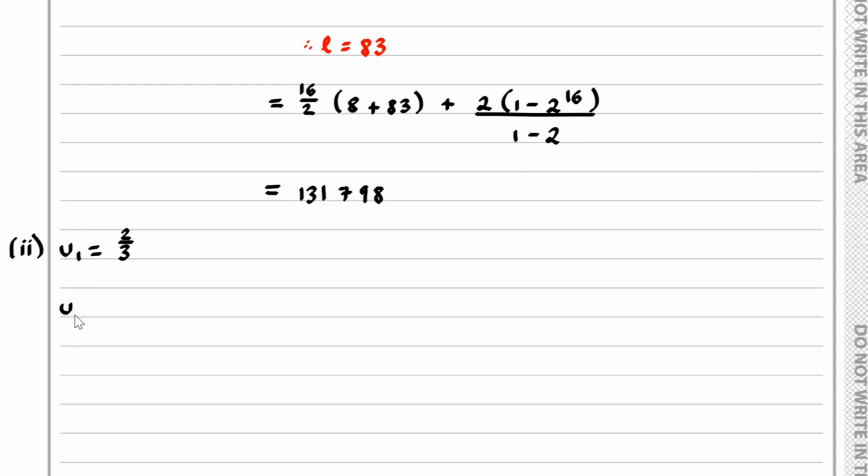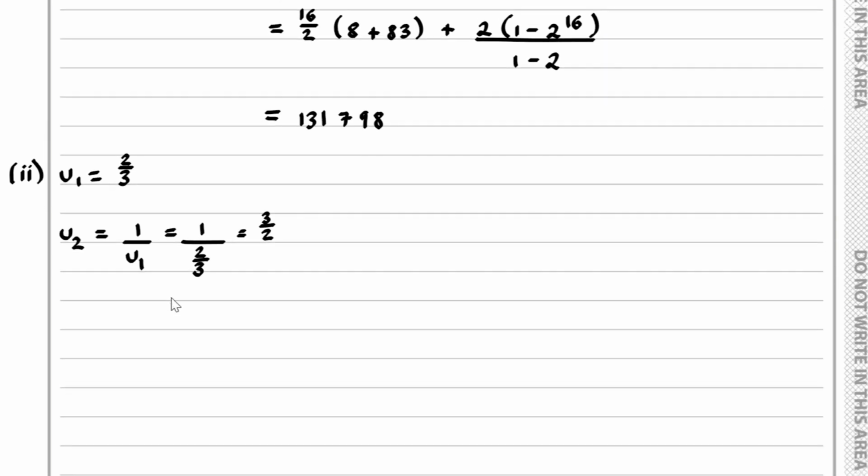u2, that will equal 1 over u1, so I've got 1 over 2/3, which is 3 over 2, and u3 is 1 over u2, so I have 1 over 3 over 2, which is 2/3.